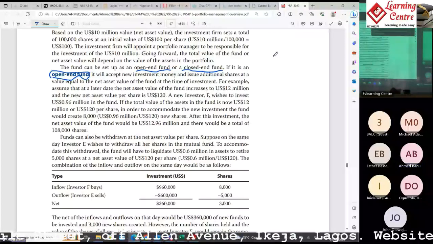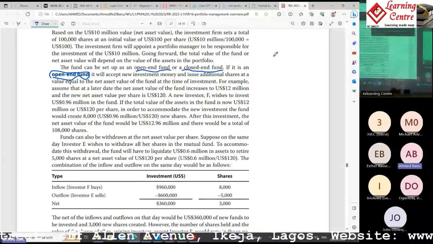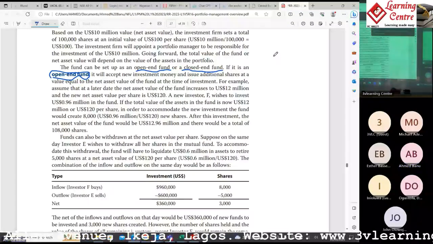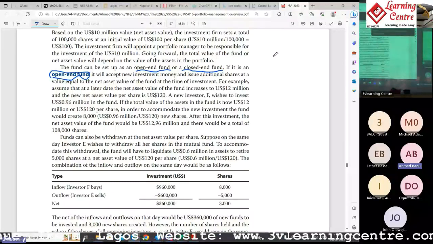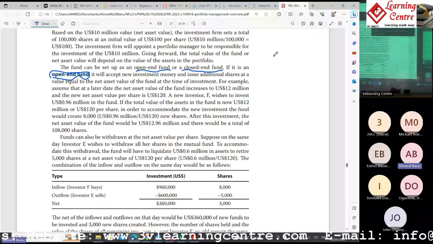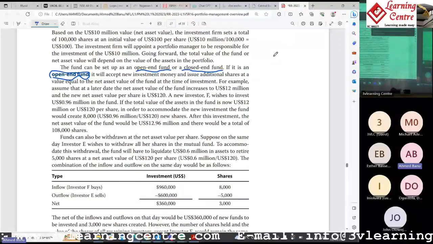It means free entry: anytime you want to buy, there are units available for you to buy.